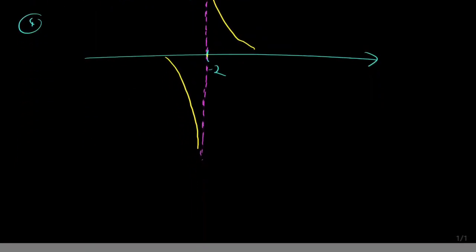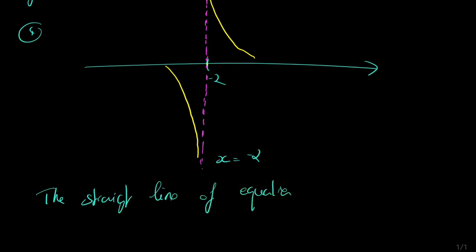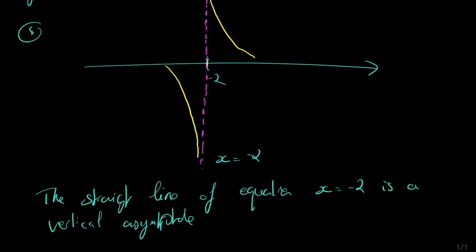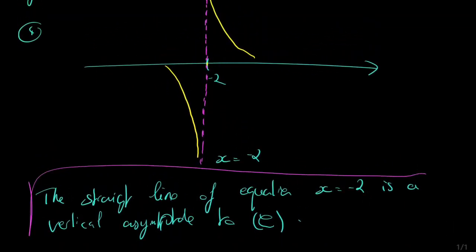And we conclude by saying that this straight line of equation x is equal to -2 is a vertical asymptote to C, which is the graph of f. And we have solved the first part of the question.